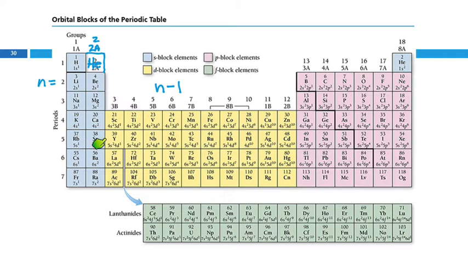5s, here's n minus 1, 4d, 5p, 6s, and this is where things get a little more wonky. So look at this, 57, 72. There's a bunch of numbers missing. Where are they? They're down here. Our periodic table on the wall is actually how it should look. So why do they do this to the periodic table?